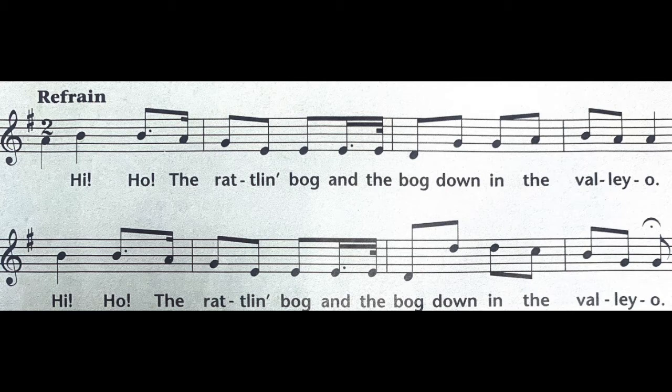Now on this branch there was a nest, a round nest, a rattling nest. The nest on the branch and the branch on the limb and the limb on the tree and the tree in the bog and the bog down in the valley-o. Hi-ho, the rattling bog and the bog down in the valley-o.